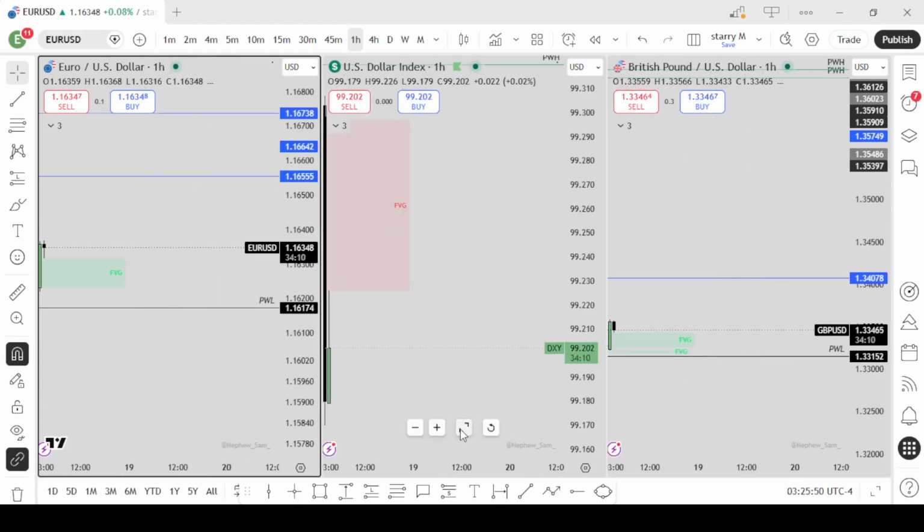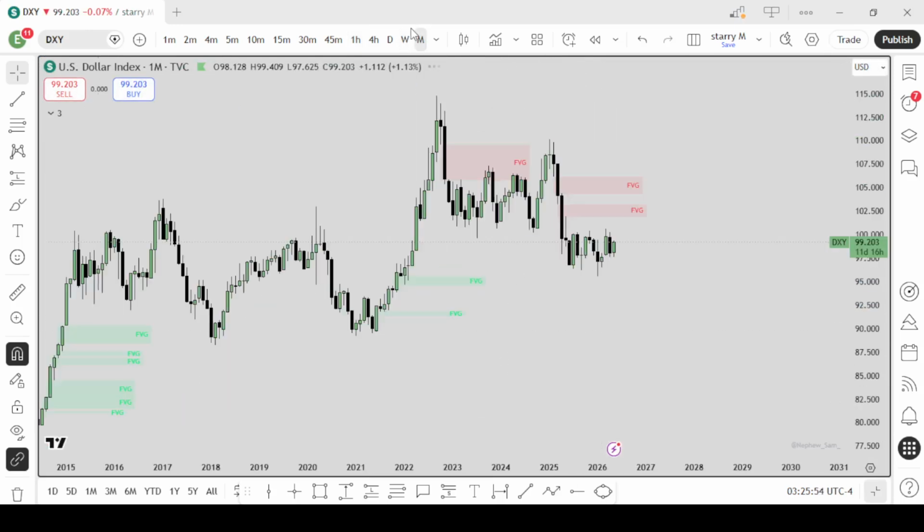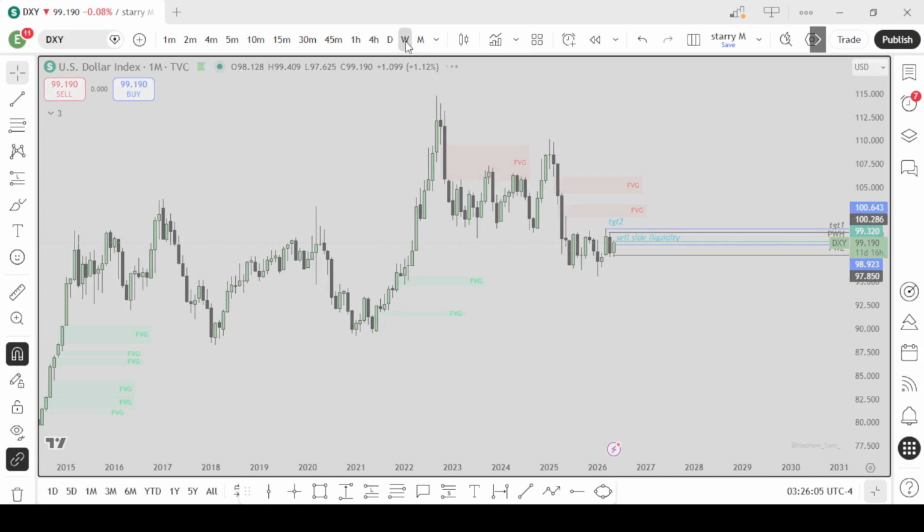so the same on the DXY. Monthly, we are bullish. We've come, mitigated this fair value gap, taken this liquidity, and now we are headed upwards.